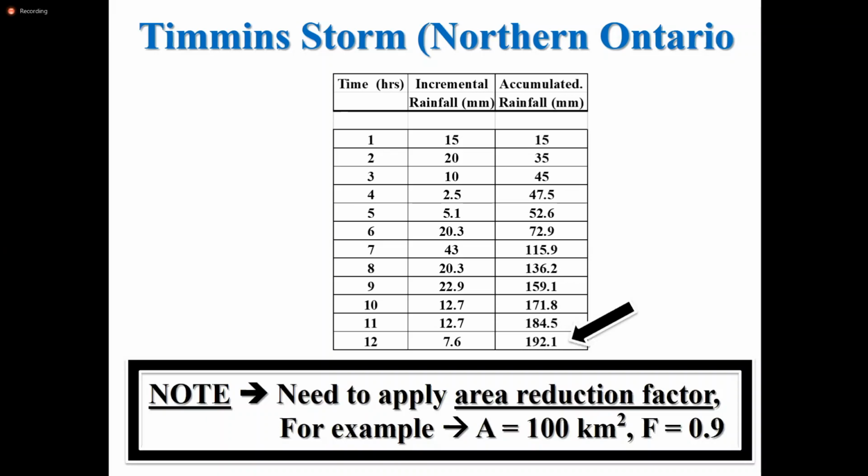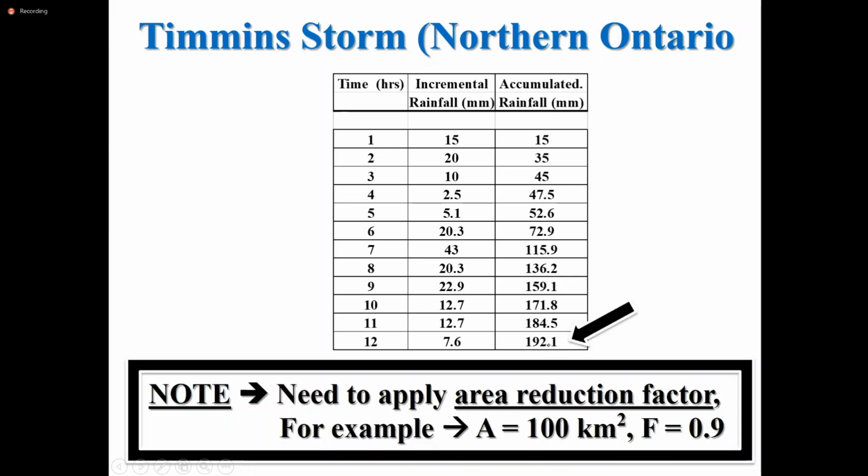But this storm has some limits. Suppose your watershed area is smaller; the book values are for a larger area because the area of coverage by the storm was large, but your watershed is small. So you have to learn to apply an area reduction factor. For example, for area 100, the factor is 0.9.